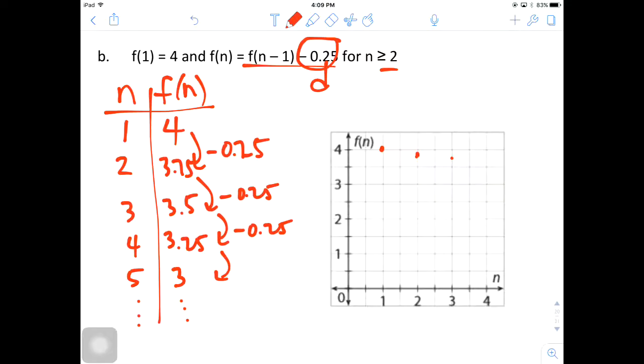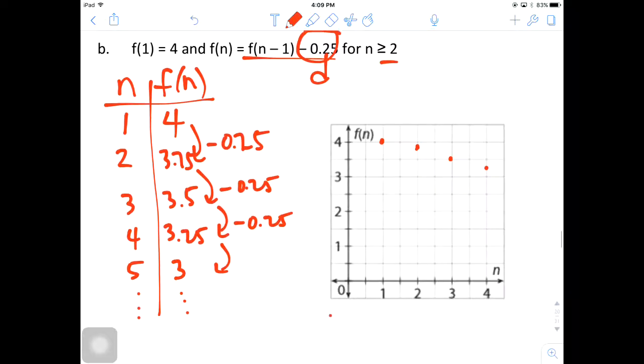I think I drew this one off. So 3.5 at 3 right here. And then at 4, it's going to be 3.25, which is right here. So that still looks like it's linear. It's going in a line form. Okay, so that's the end of that problem, just to graph the sequence.